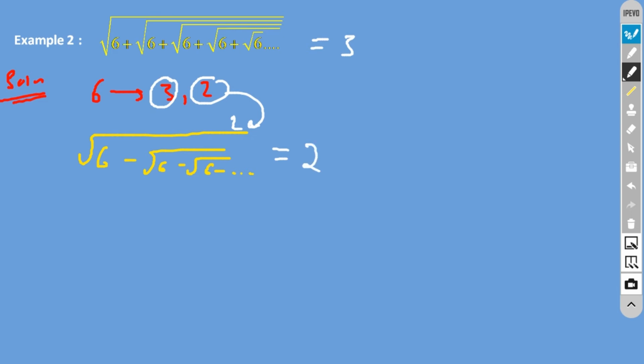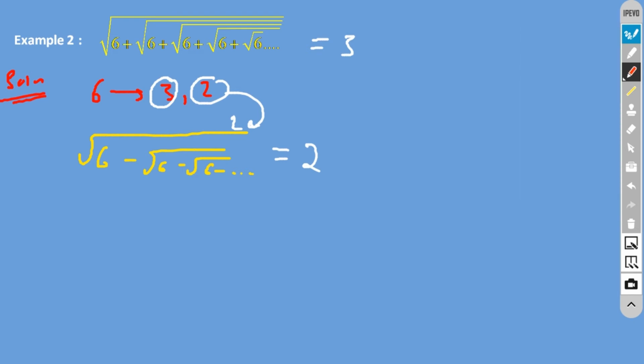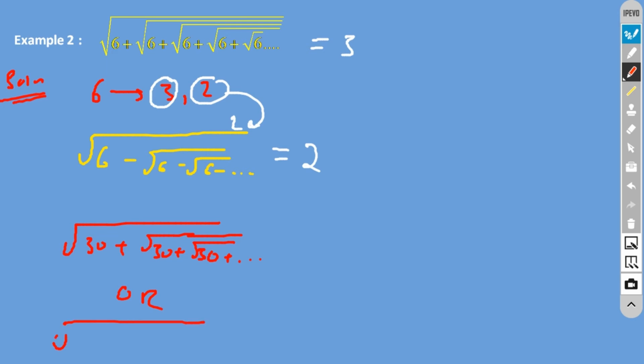Crazy, isn't it? Now why don't you try to find yourself another question, like root 30 plus root 30 plus root 30 plus so on, or root 30 minus root 30 minus root 30 minus so on.